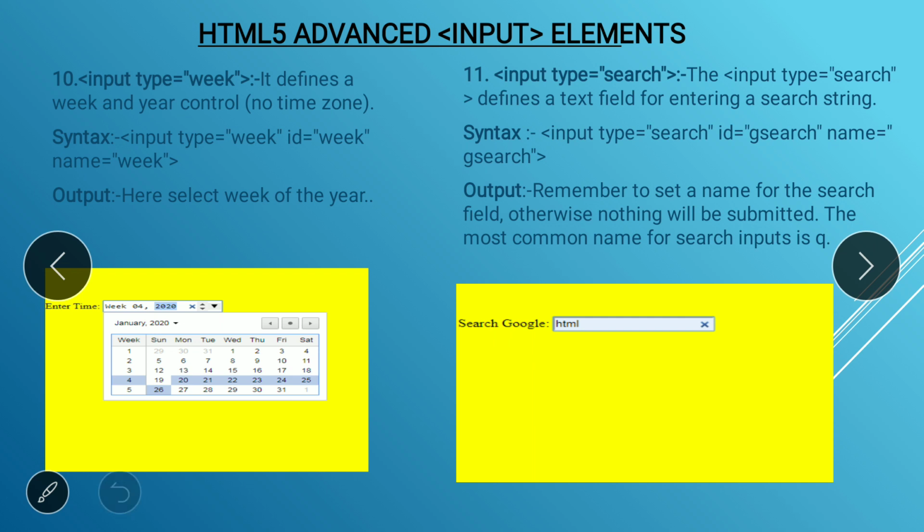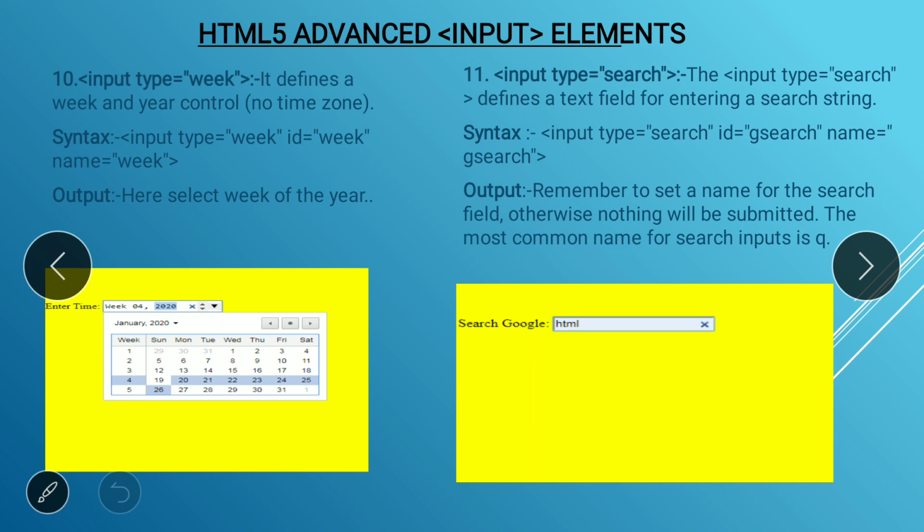Okay. Next control is nothing but the input type search. It is nothing but the text box where you can search anything, like when you use google.com and in that text box you write down a text, same like that you have to insert here a text.